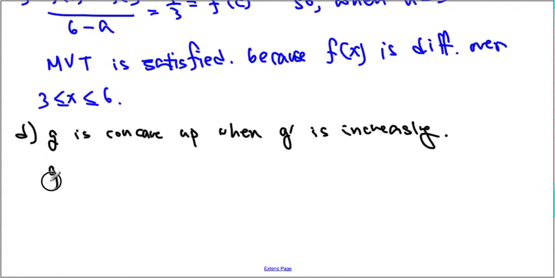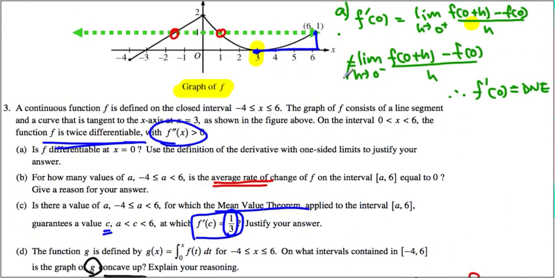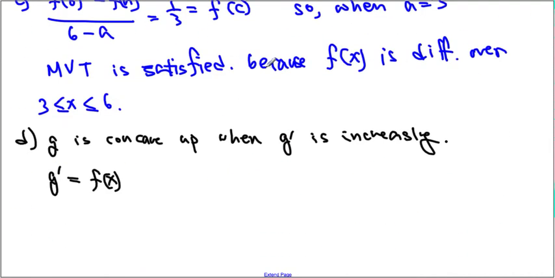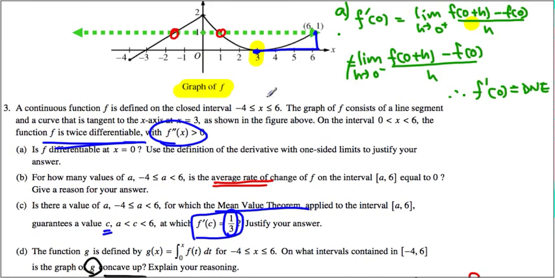But g prime is basically f of x, so therefore this implies that f is increasing. We realize that f is increasing in two locations, from -4 to 0 and 3 to 6.